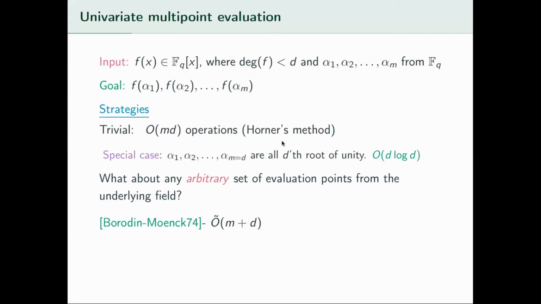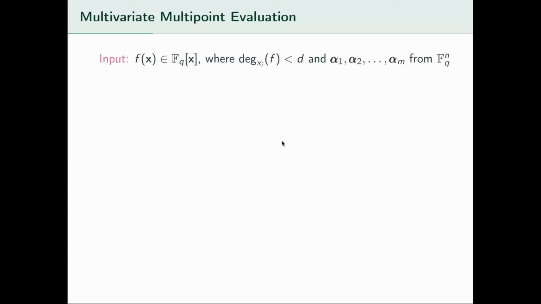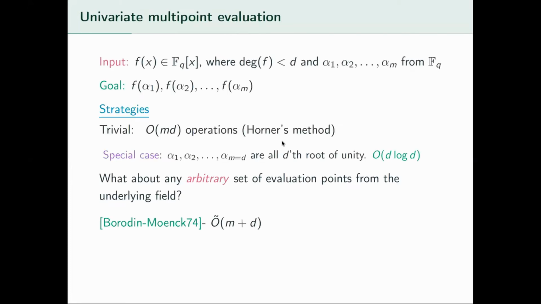If m arbitrary evaluation points are given to you from the underlying field Fq, then we can do it in O tilde of m plus d. So ignoring some lower order terms, we can do it in nearly linear time in the input size, because here the input size is order of m plus d. Okay, so that's for the univariate case.